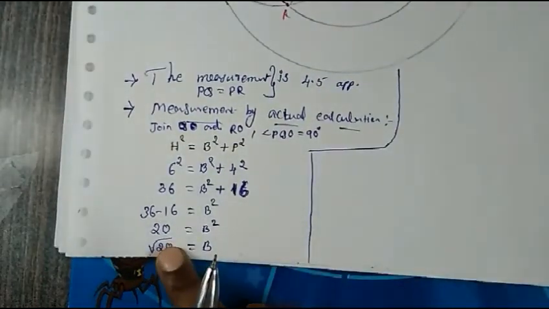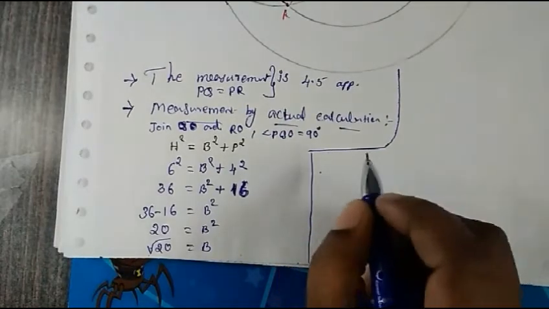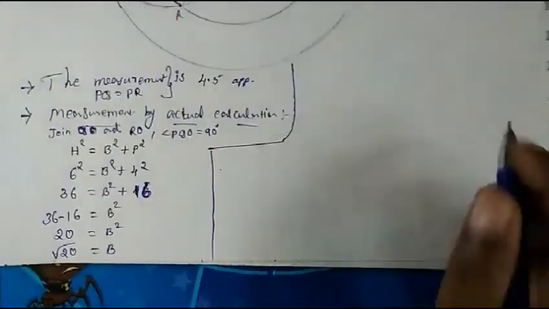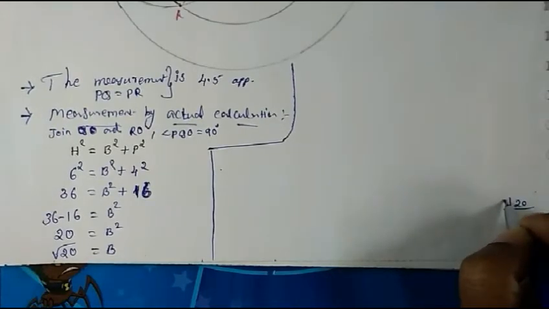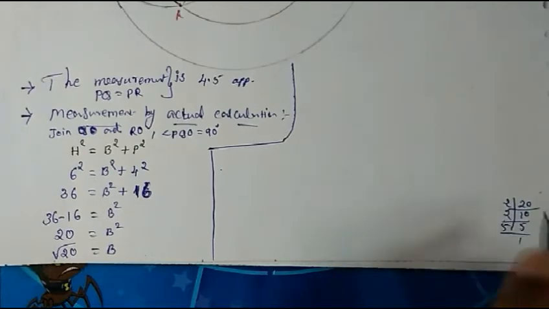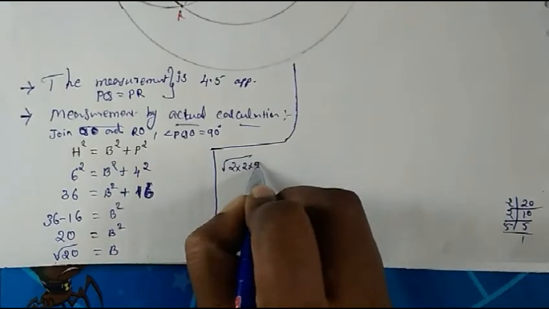Now when it is 20, if you factorize 20, you will get 10 times 2, 5 times 2, 1 time 5. So you will get 2 into 2 into 5.